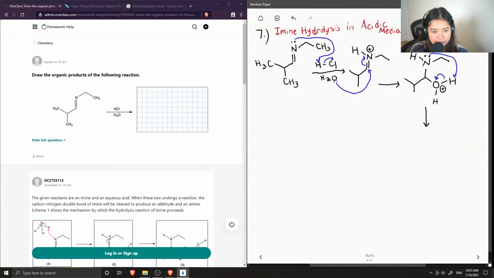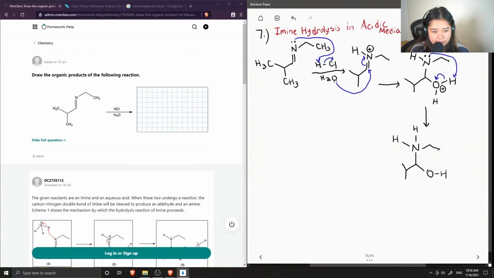And now we have another positively charged nitrogen that has the two hydrogens bonded there. And you can already see that there is now an OH group that has been formed.